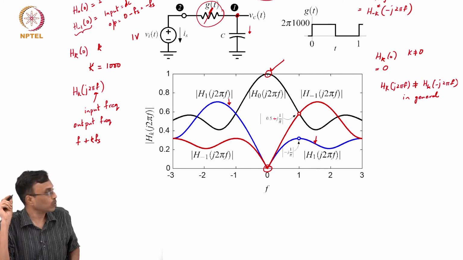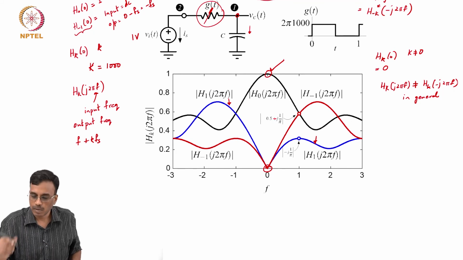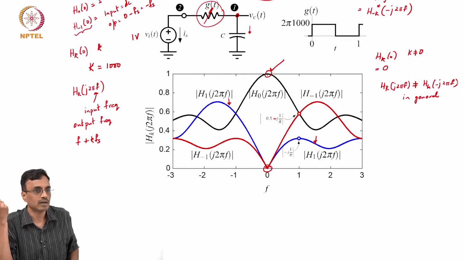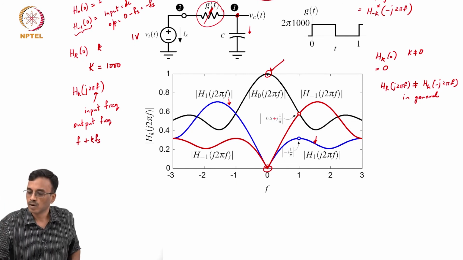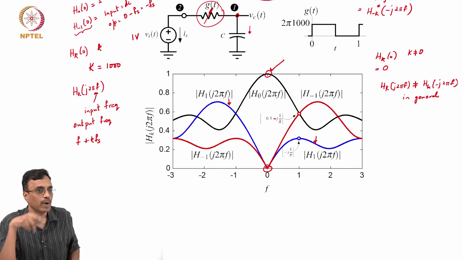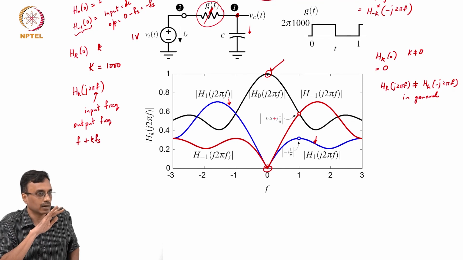The magnitude of H1 of f is not the same as the magnitude of H1 of minus f, right? But for H0, if you put k equal to 0, the negative of 0 turns out to be 0 itself. So apart from H0, all the others will not have a magnitude response that is even, right?